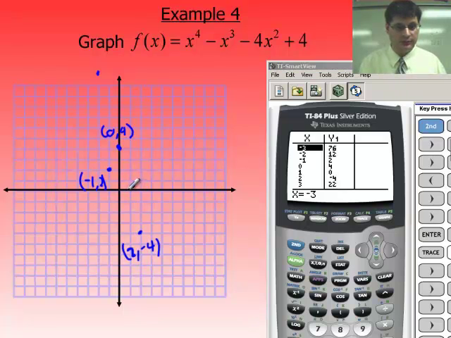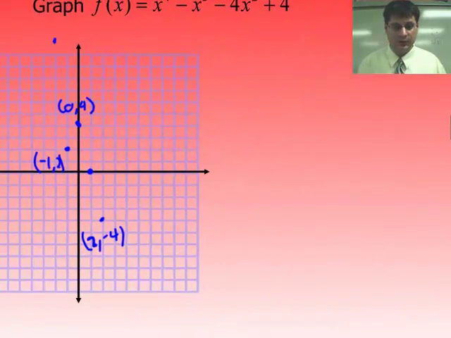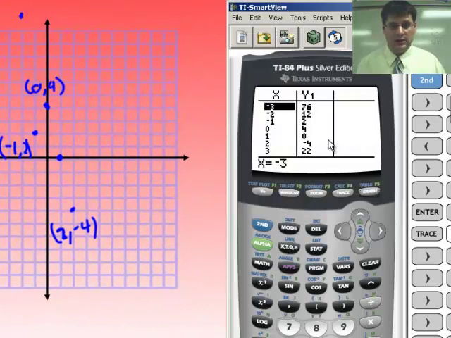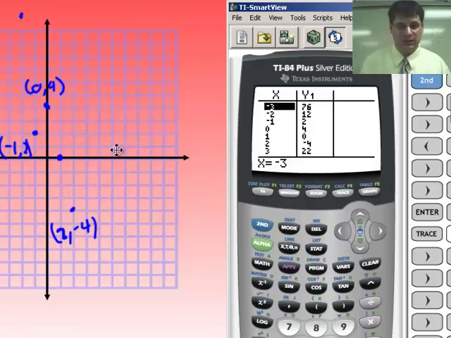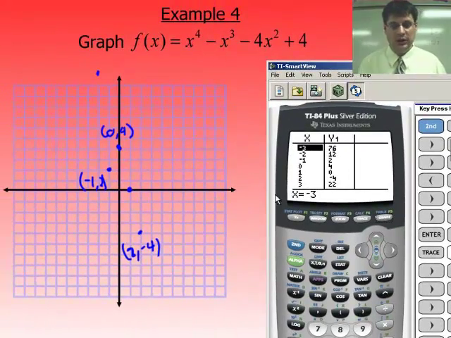So 1, 0. Right here, that's going to be an x-intercept. And then we already have 2, -4, and then 3 and 22. That's not going to fit into our graph. We know that's just going to go straight up.